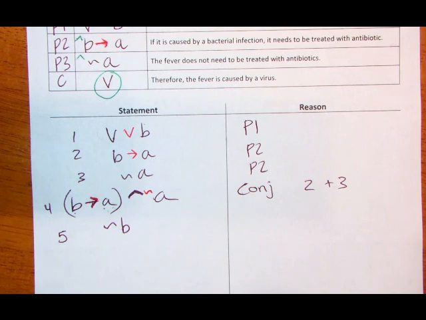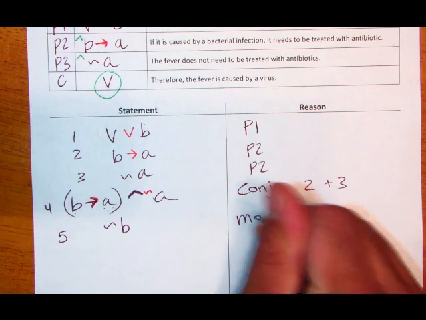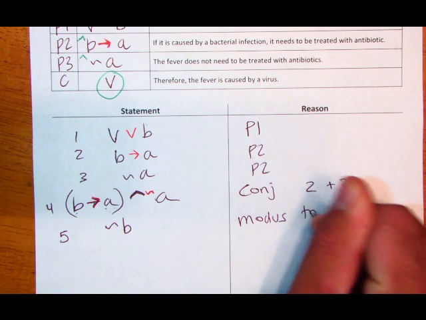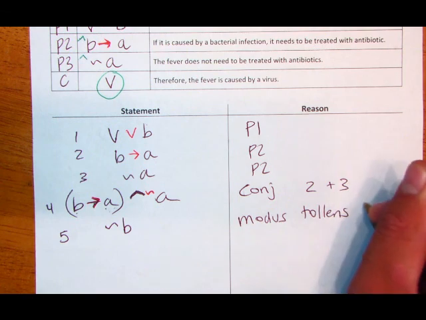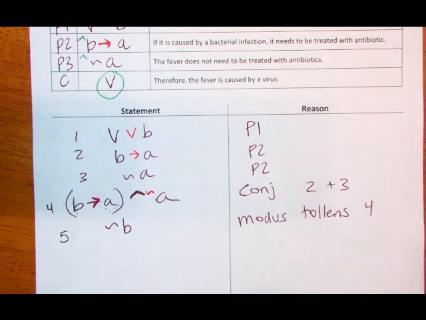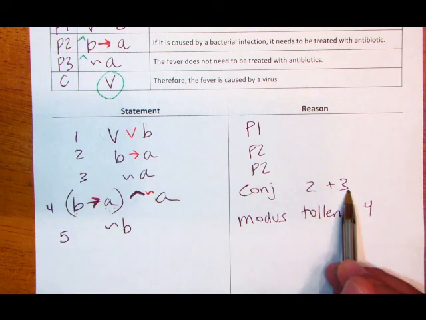Now, how did we obtain not B? Through the rule modus tollens, which was done to statement 4 here. Now, one thing to keep in mind is your goal is to use every line here. And if you notice here in step 4, we've used 2 and we've used 3.